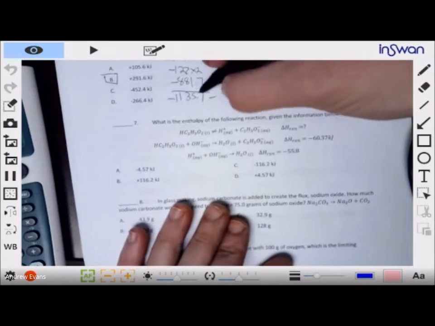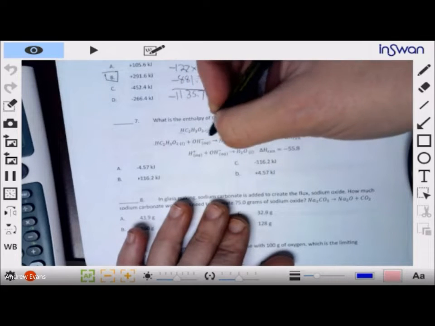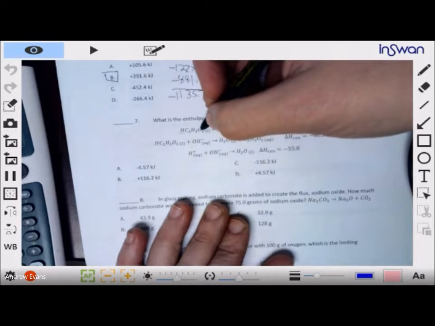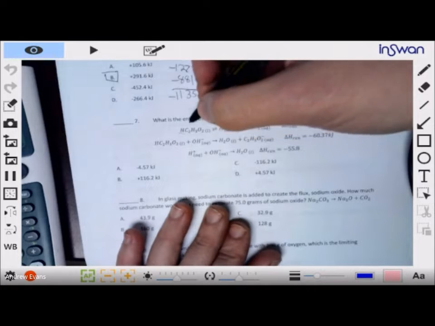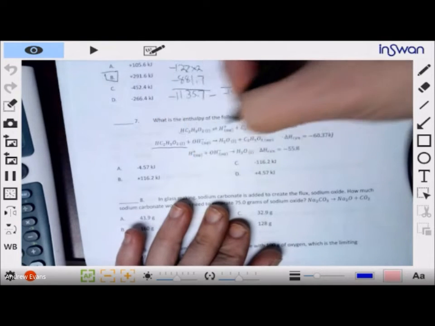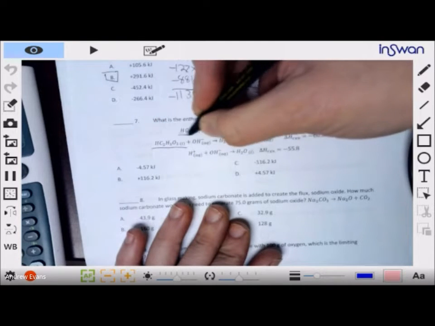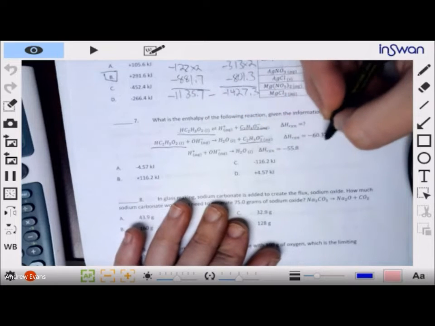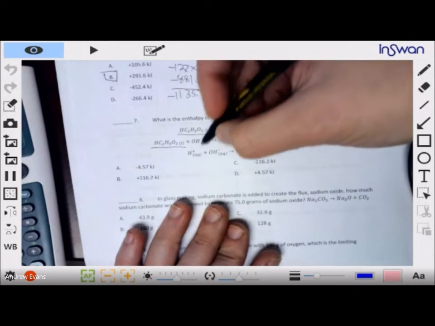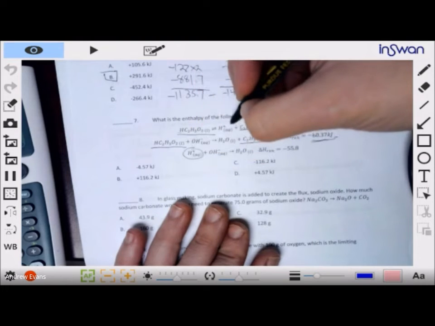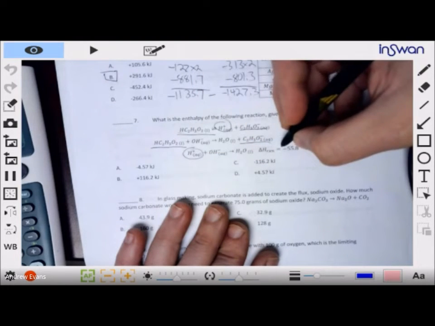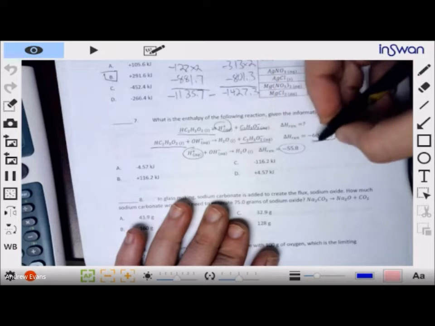Enthalpy of the following reaction. So what is the enthalpy of acetic acid breaking apart? The dissociation of acetic acid. Well, we have to look. These 2 guys are in the correct places, with the correct values, so we can use the equation as written. This guy is on the opposite side, so that means I have to flip it around.